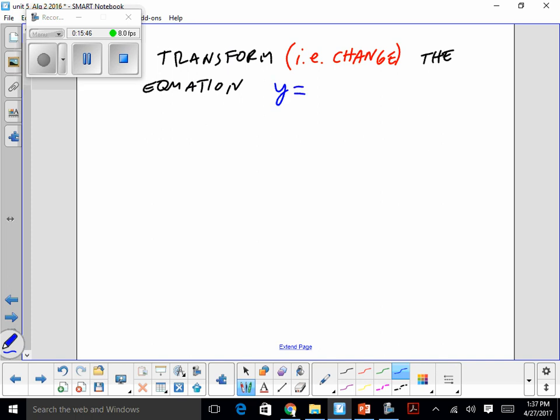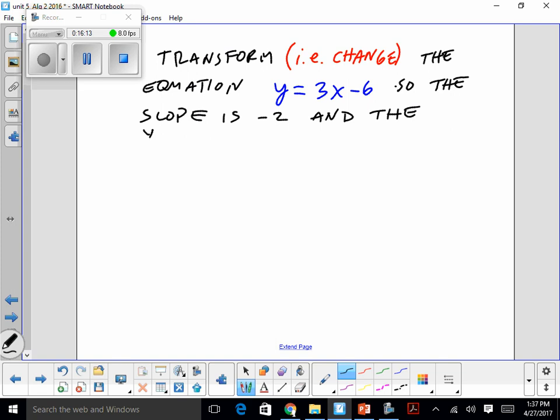So the slope is, let's make the slope a -2, and the y-intercept is, let's make it a 5.